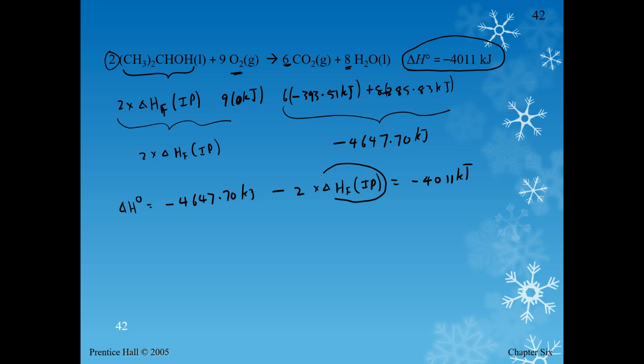We have to isolate this. So that means that I would add plus 4,647.70 to both sides, so that this would go, and you're going to end up with minus 2 times the enthalpy of formation of isopropyl alcohol equals to whatever this gives.